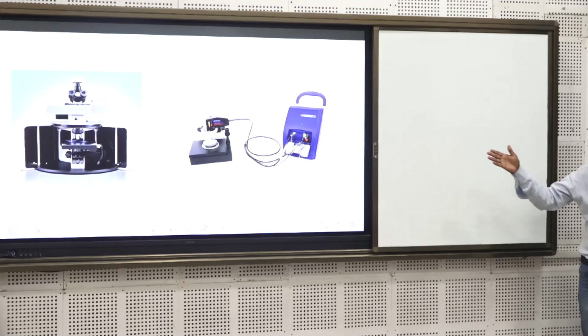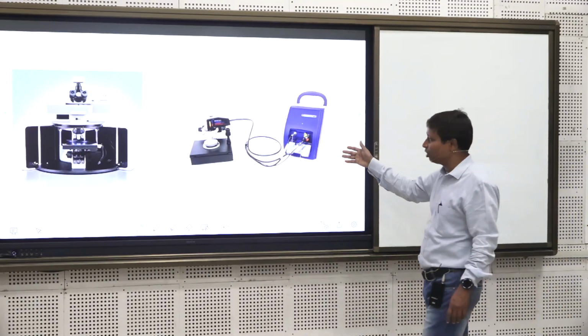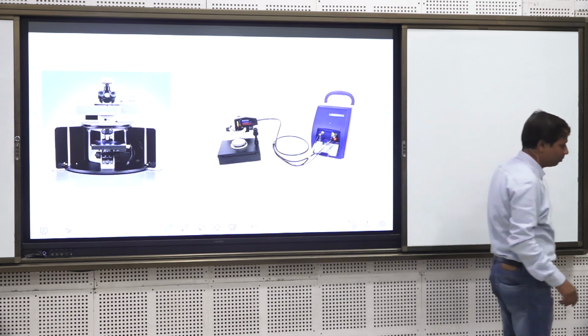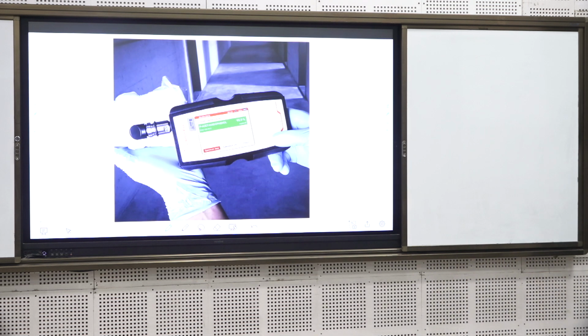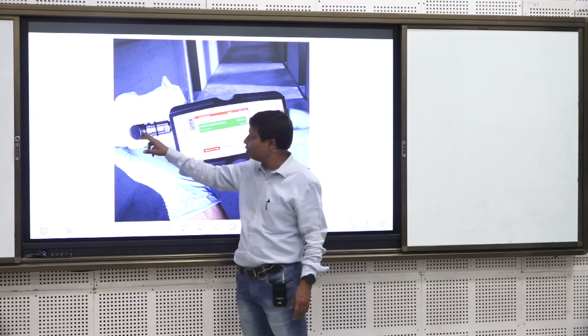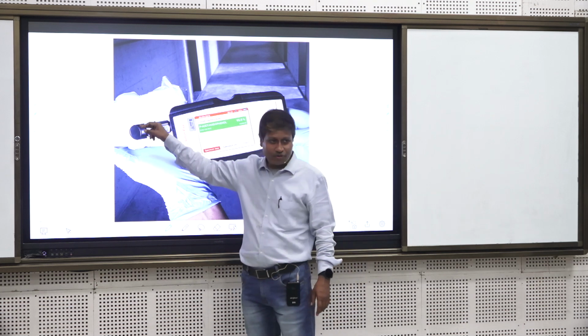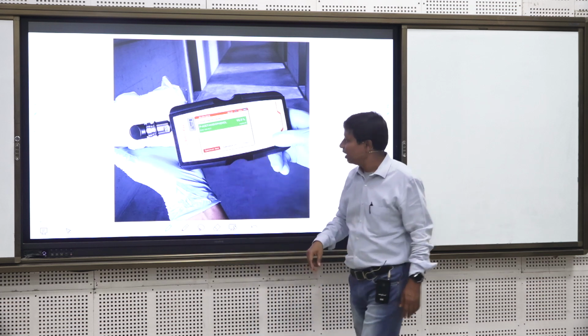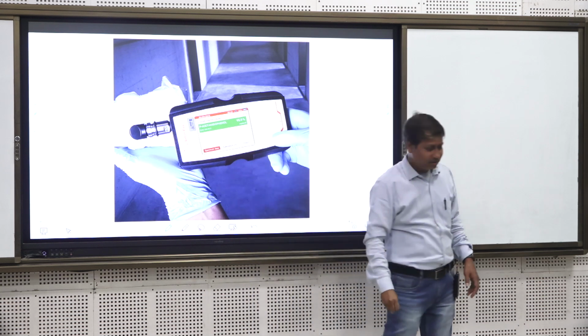You can have such small instruments also. These are all Raman, from different companies. You can also have handheld, portable ones, and you see it is detecting something forensic or medical. So this is a handheld one.